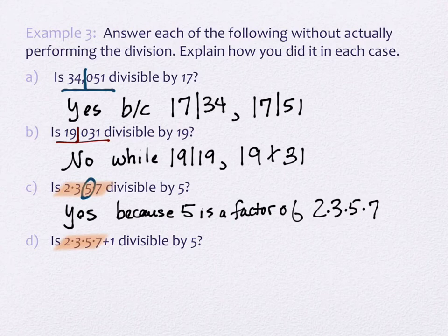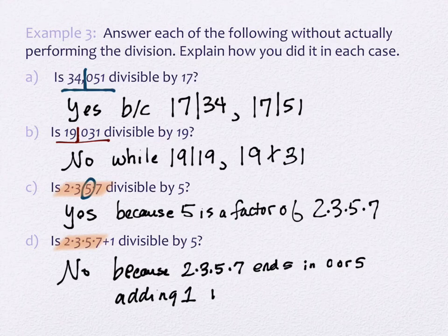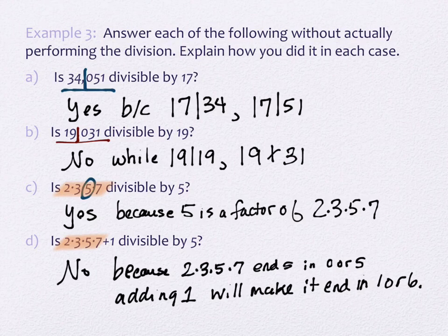So this one is a no, because 2 times 3 times 5 times 7 actually ends in a 0, but I'll just say ends in a 0 or 5. Adding 1 will make it end in 1 or 6. So it doesn't work.